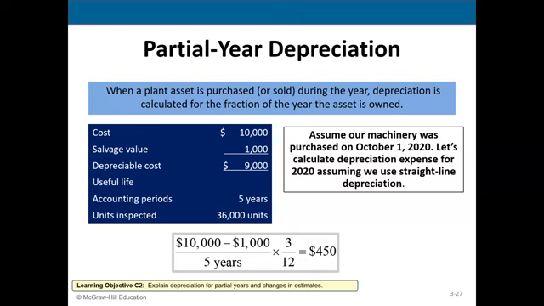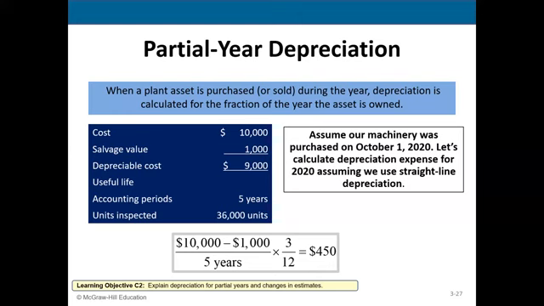So simple. We take the cost minus the salvage value, which is the depreciable cost of 9,000, divided by the 5 years. Okay, we got that part already. That's 1,800. We then multiply that by 3 out of 12 months. Why 3 out of 12? Because there are 3 out of 12 months that I've got to account for in 2020.